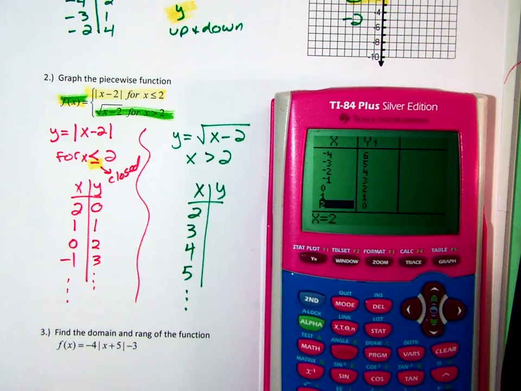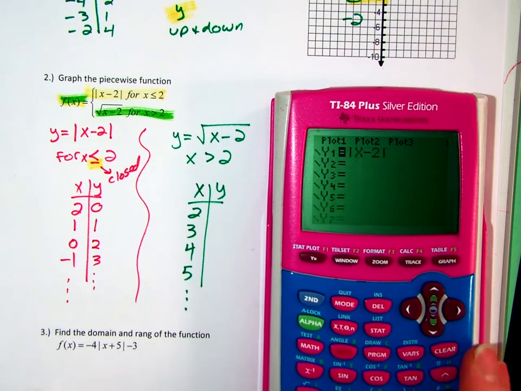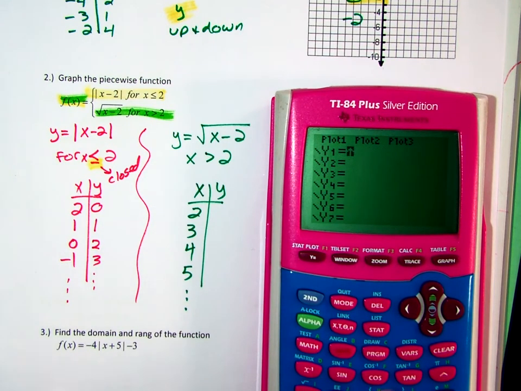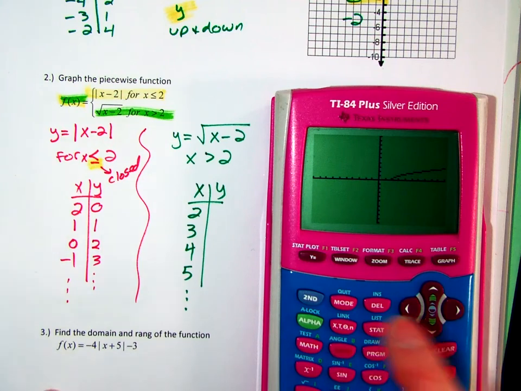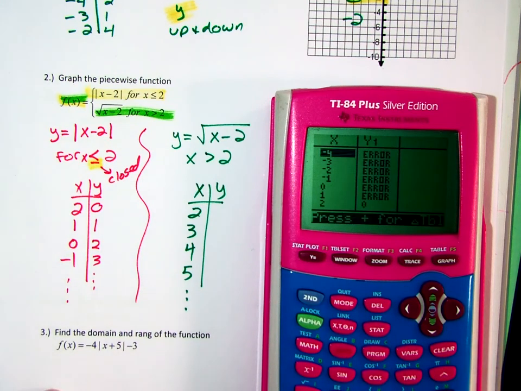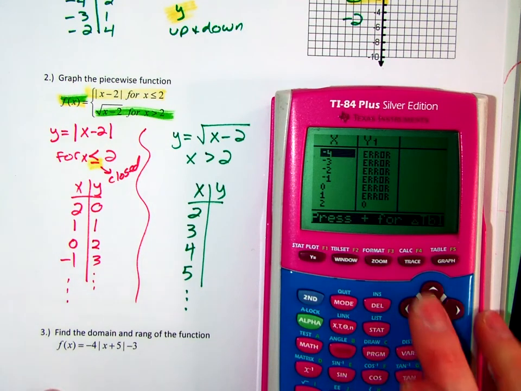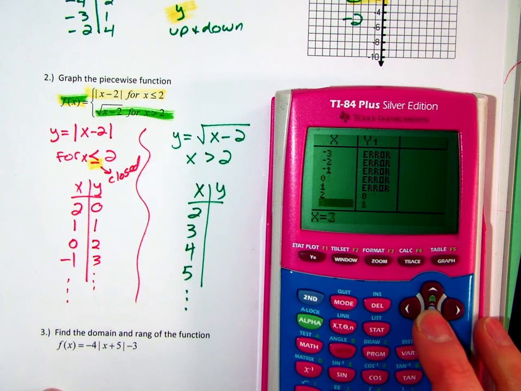So I go back to my graphing calculator, I go to the y equals, clear it out, and type in the function, the square root of x minus 2. I can graph it to get a general look, so it's going to have to be a curved line. And then I can go ahead and go to my table. And even look, there's all those errors, right, which is telling me it's not possible there.